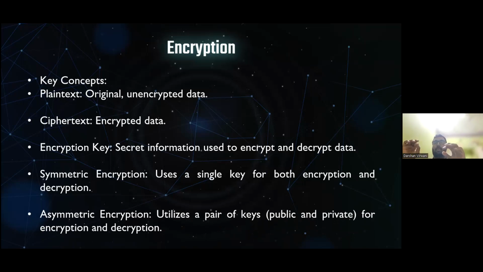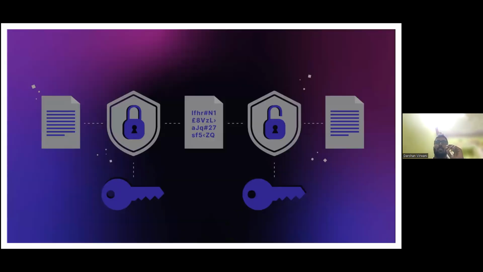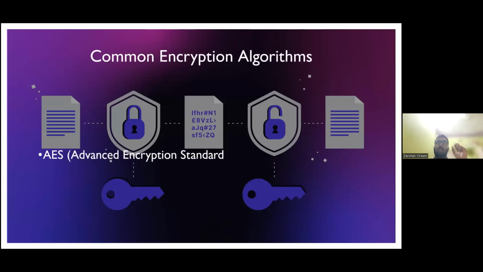In symmetric encryption, users A and B have the same key, but in asymmetric encryption, both users have different keys. If I do the encryption with a public key, the other user will decrypt it with the private key.